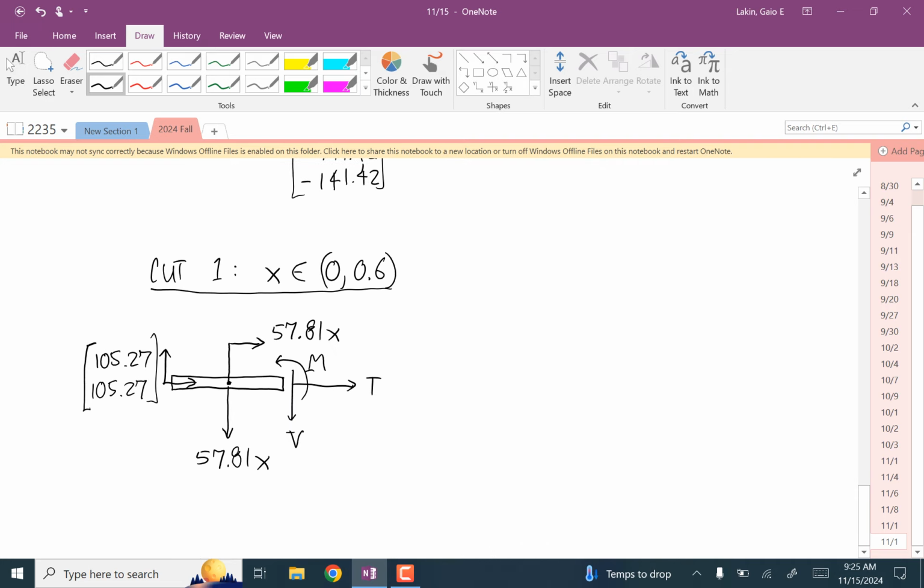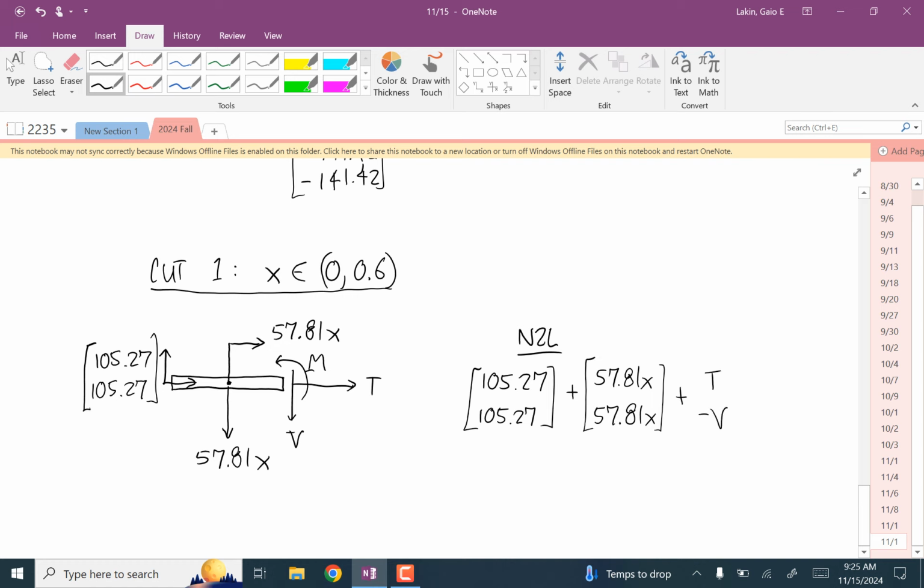All right, so Newton's second law says 105.27 plus, I'll write this all as one force vector, 57.81x plus t negative v is equal to zeros.